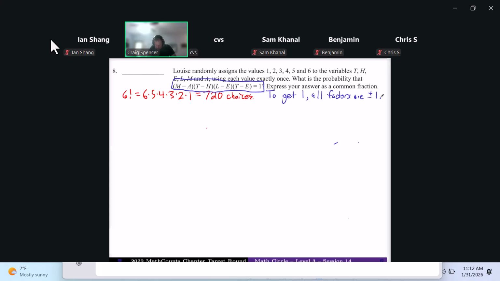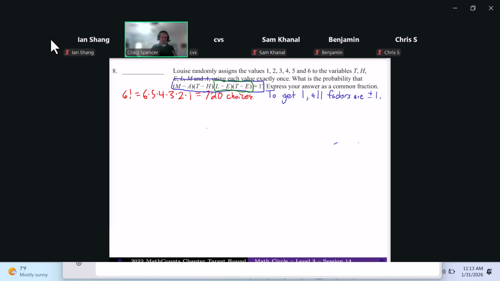Okay, so it's not totally obvious how to proceed here until you realize that some of these letters show up in 2 of these factors. So for instance, E is showing up both in L minus E and in T minus E, right? So what this is saying is that both of these 2 factors need to be plus or minus 1.